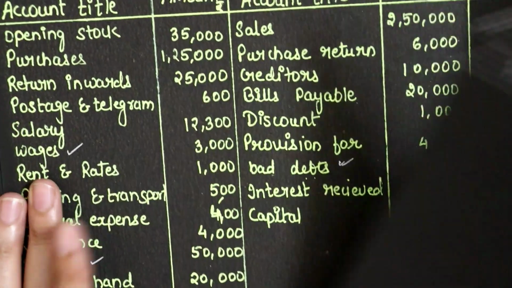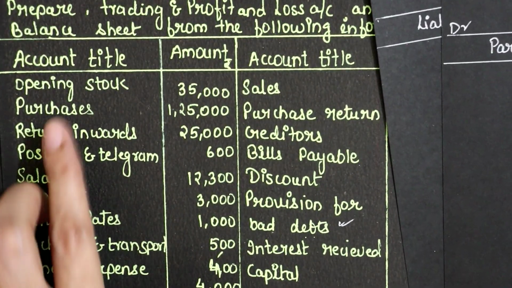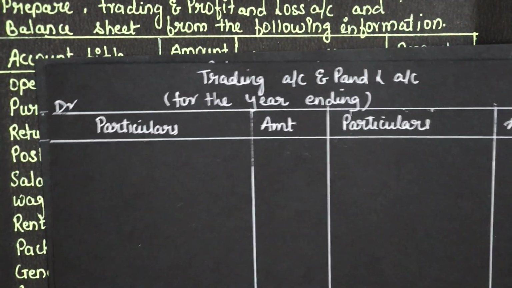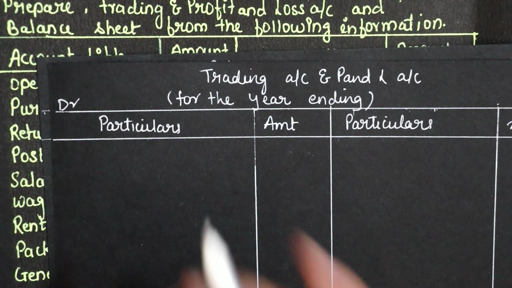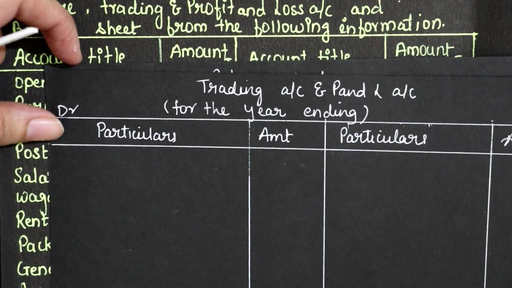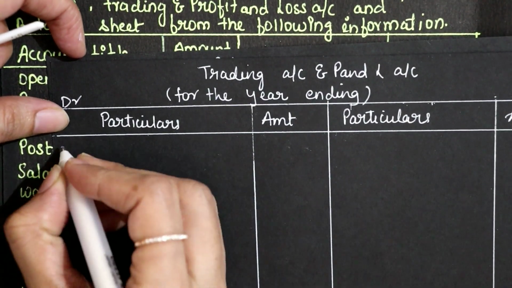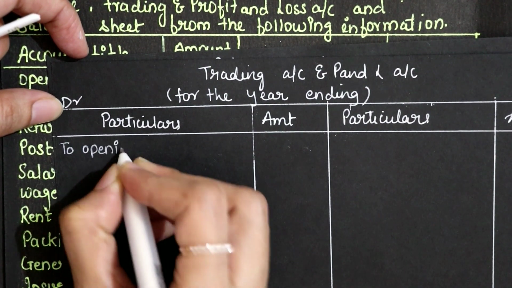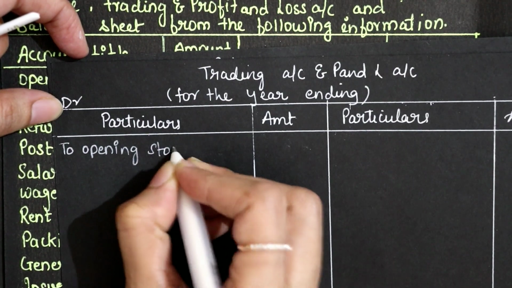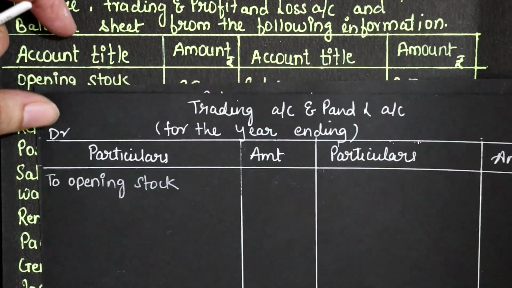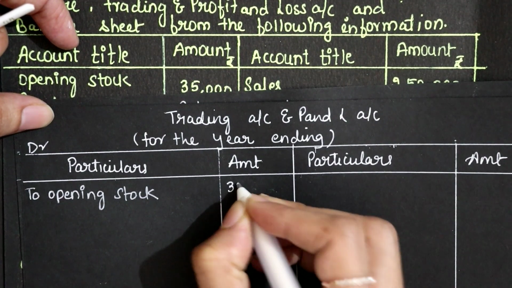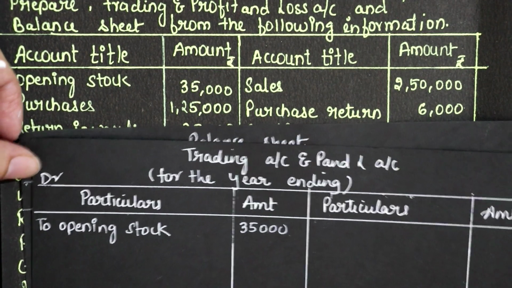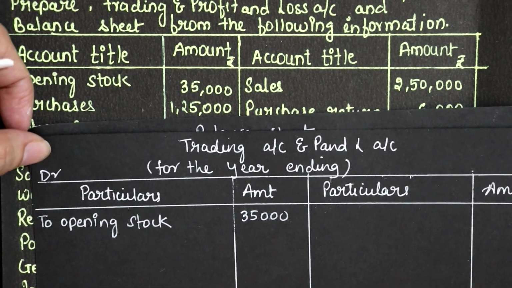The first entry in trial balance is opening stock. So opening stock goes into the trading account debit side. We will write to opening stock 35,000 on the trading account's debit side. Then we have purchases. We will write purchases in the inner column, in the particulars column itself.